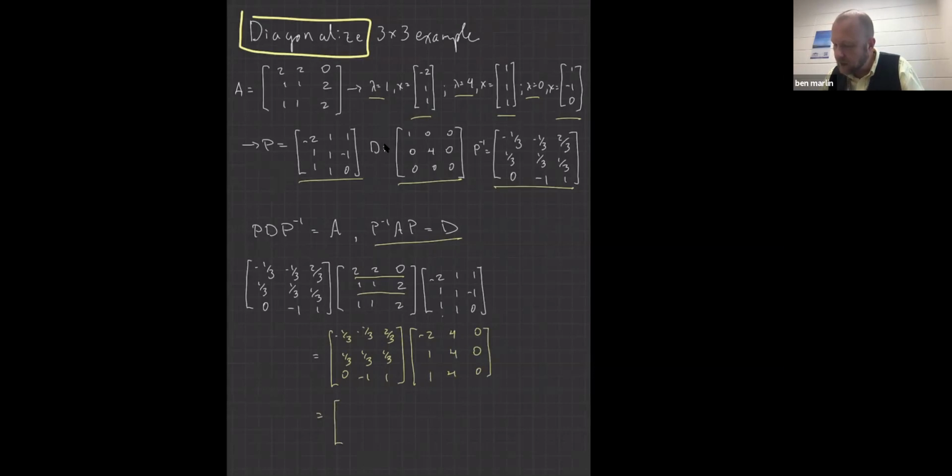And then we have to come along here and we'll dot this row. Just remember, everything has a third in it. So I'm going to take and say -2 times the -1/3, so +2/3, and then -1/3.